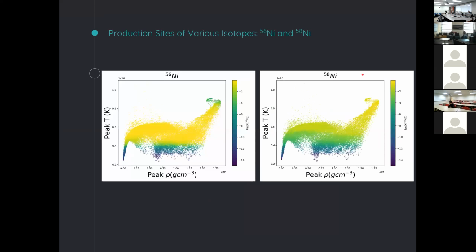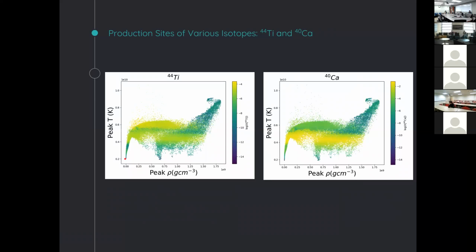So moving on, we have nickel-56 and 58, and you can see that nickel-56 is preferentially produced at higher densities and temperatures, whereas nickel-58 is produced over basically the whole range of temperature and density profiles there, apart from the much lower temperature ones here and here.